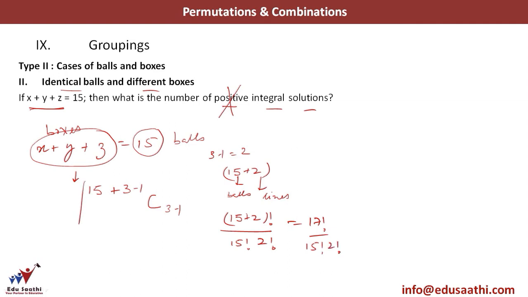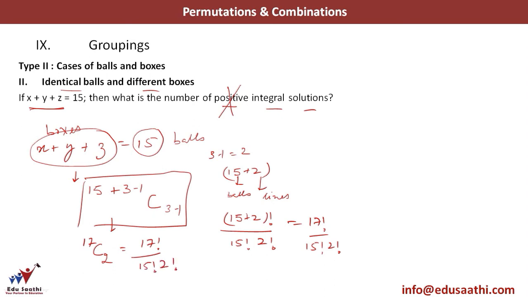Now if you are wondering what I have written here, this is the same thing. I'll tell you the general formula for this. I wrote 15 plus 3 minus 1, which is again 17 C 3 minus 1, which is 2. If you solve 17C2, this is nothing but 17 factorial by 15 factorial by 2 factorial.